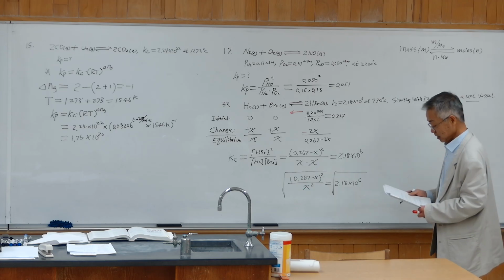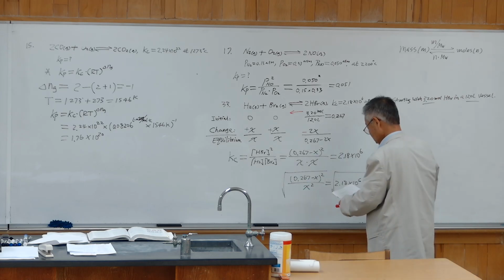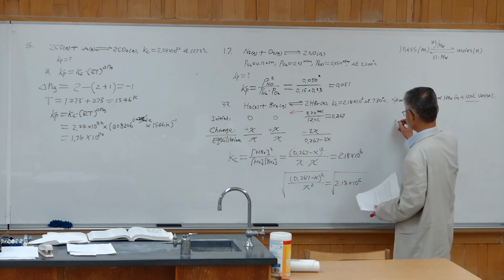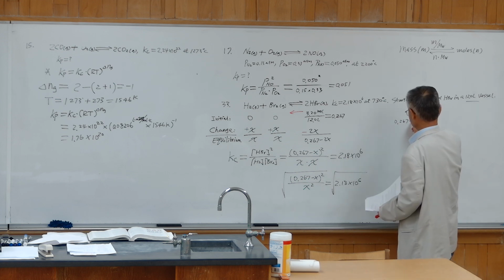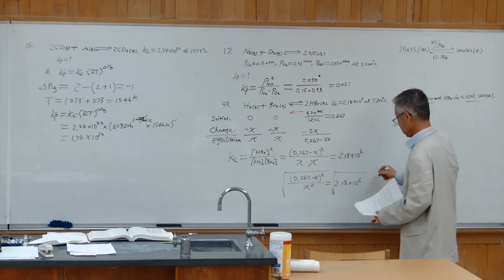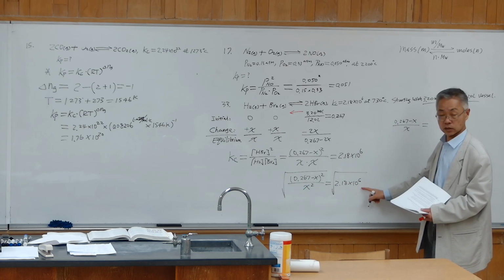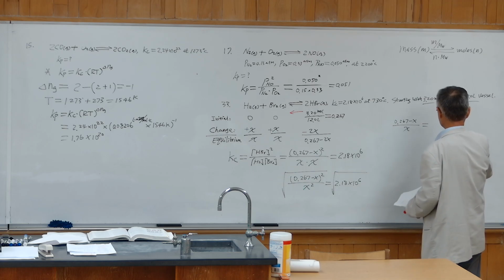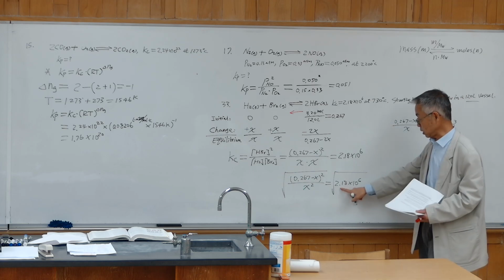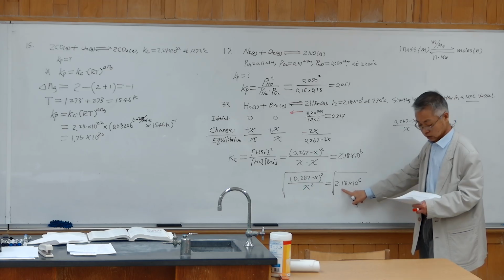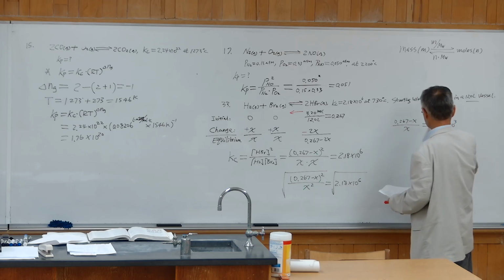So this is easier than a regular quadratic equation. You get the square root is 0.267 minus x. Root x squared is x. And on the right side, the square root of 10 to the sixth power is 10 to the third power. Then put this into the calculator, the square root of 2.18 is 1.48.